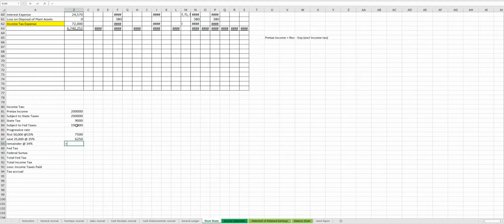So our federal taxable income minus the $75,000, which we already calculated, is the remainder part, and we're going to pay 34% on that.